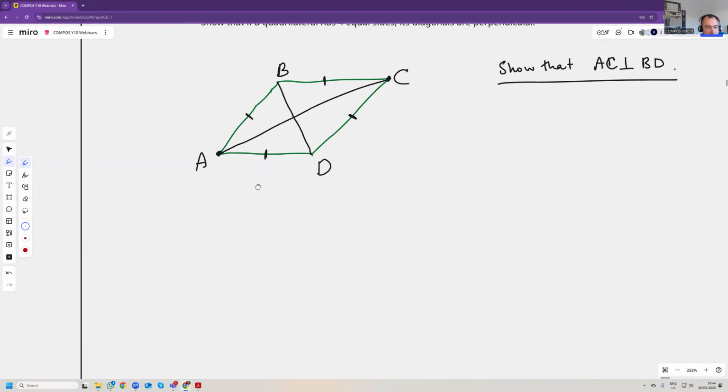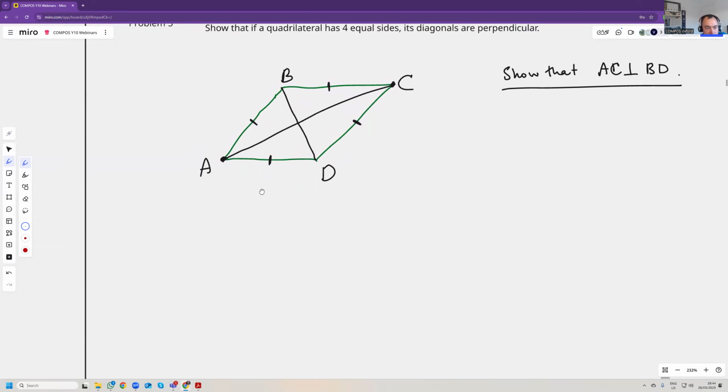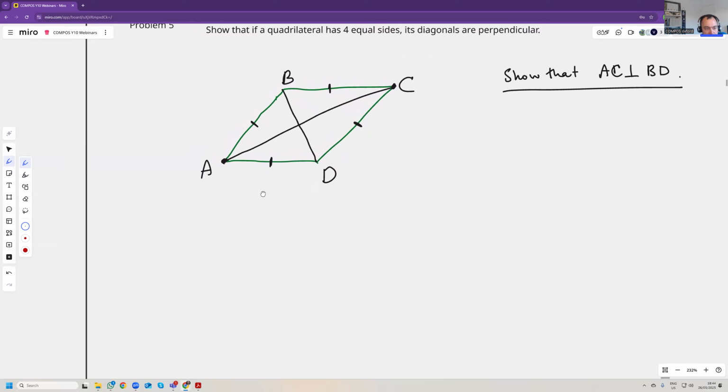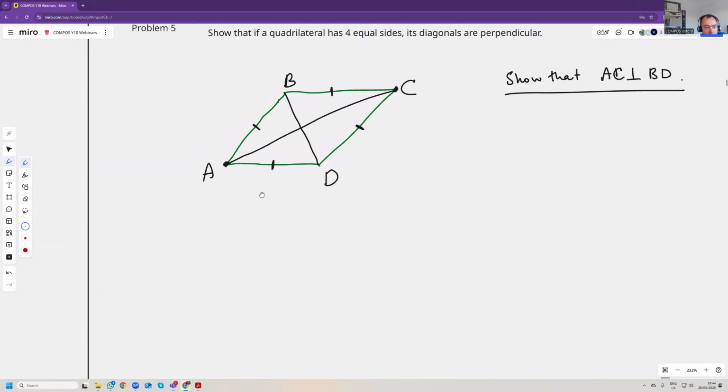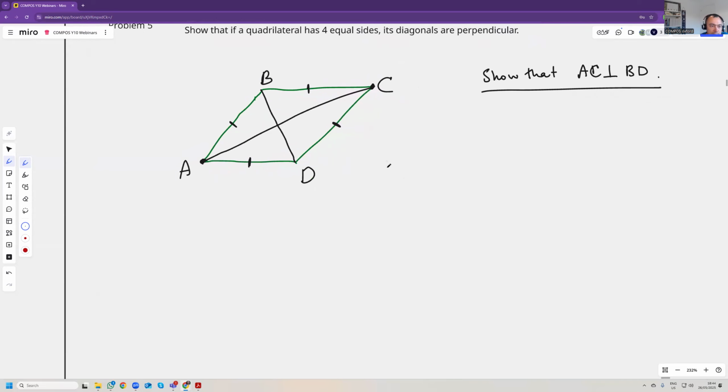And what else do we know? So BC is equal to AD, and AB is equal to CD.